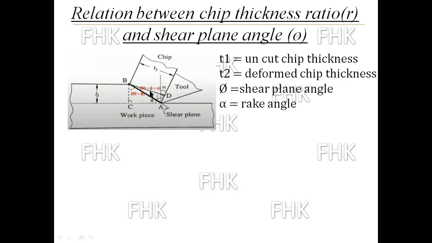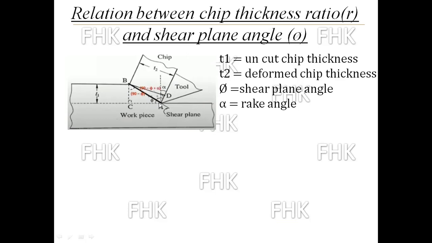So the angle BDA is again a right angle, and this triangle BAD is again a right angle triangle. In both triangles, the line AB is common.